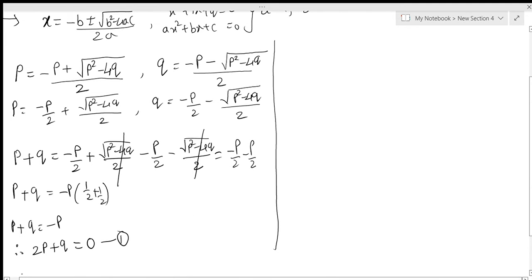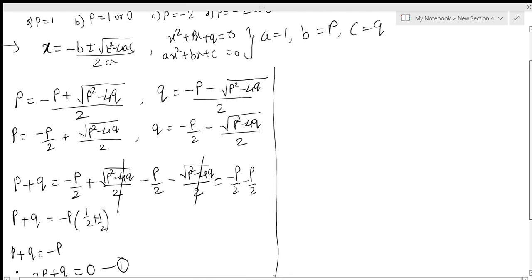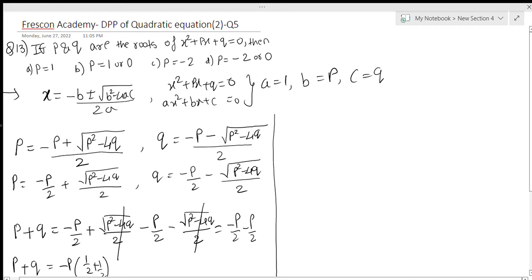To find the value of p from this equation, we should know the value of q as well. So first we added the equations of p and q. Now we will multiply the equations of p and q.